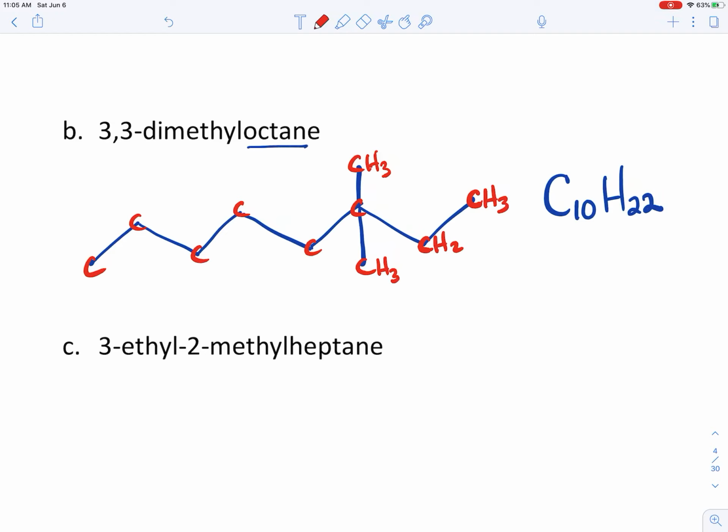The carbon next has 2 bonds, so we'll give it 2 hydrogens, and 2 hydrogens again, to give each carbon a total of 4 bonds. And the last carbon has 1 bond, so we'll give it 3 hydrogens. Whether you write it as H3C or CH3 doesn't really matter. So that's what you should imagine when you see the bond line formula.